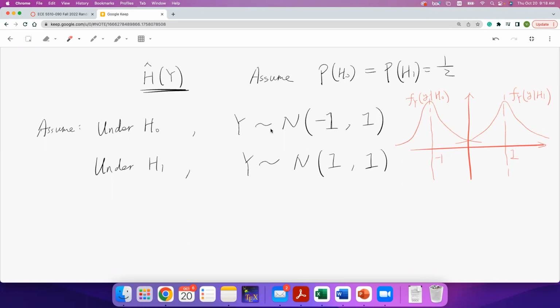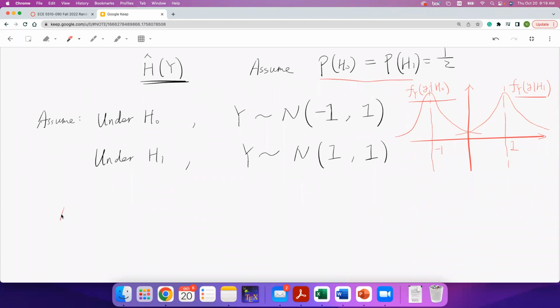Now, given this information, the setup is exactly the same as the binary hypothesis testing framework. We have the prior information and two conditional PDFs, so we can perform the likelihood ratio test and derive the MAP rule, because we mentioned last time that the MAP rule actually minimizes the probability of error.